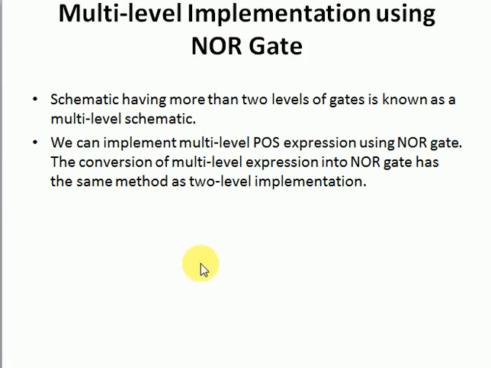I have made all these slides along the same lines as the slides of the NAND implementation, because it will be very easy for you if all these slides are based on the points you have studied before in the NAND implementation.